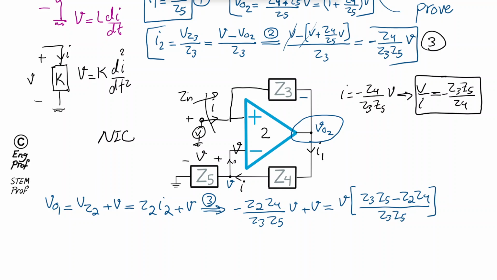And that would be what we found for Vout1. Let's refer to this as equation 4.